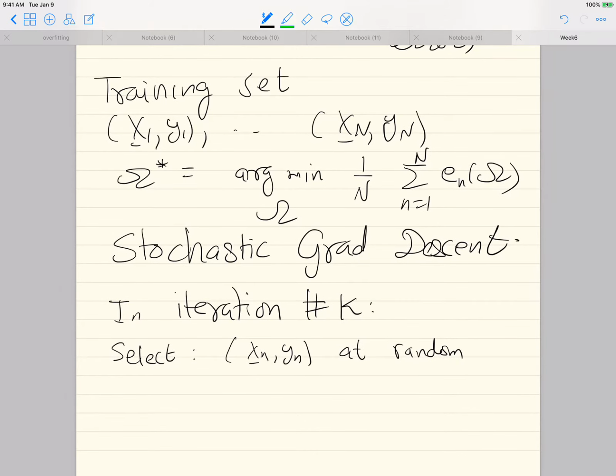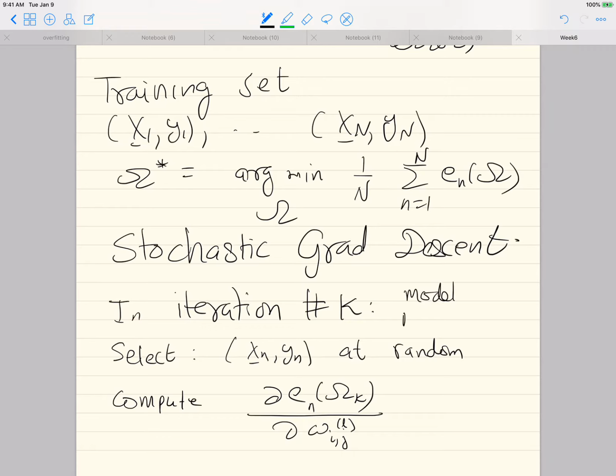Then what we do is we compute the partial derivatives of the loss function with respect to the weights. So ∂E_n(ω_k)/∂w_ij^(l), where we are in iteration k and our model parameters are ω_k.